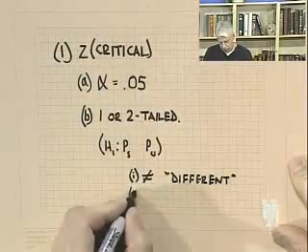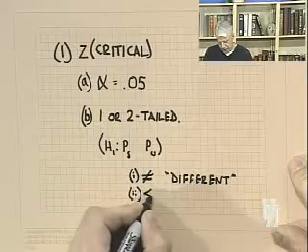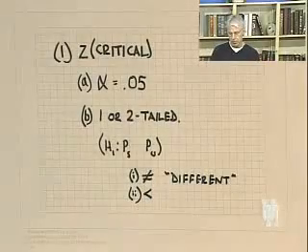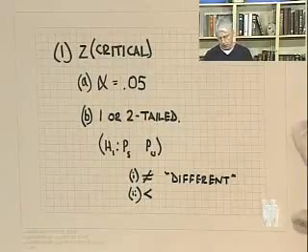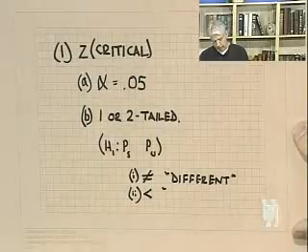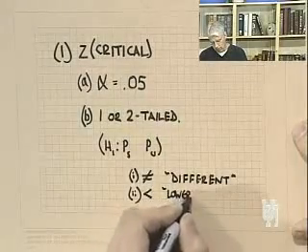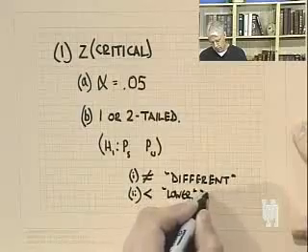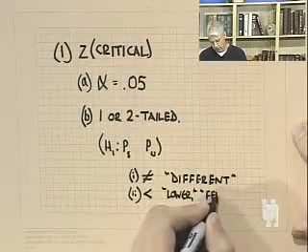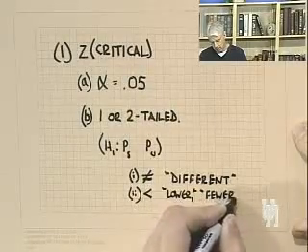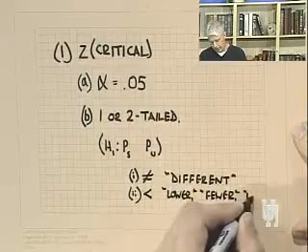Option two would be less than, that P subscript S will be less than P subscript U. And you should look for words like lower, fewer, and less than.